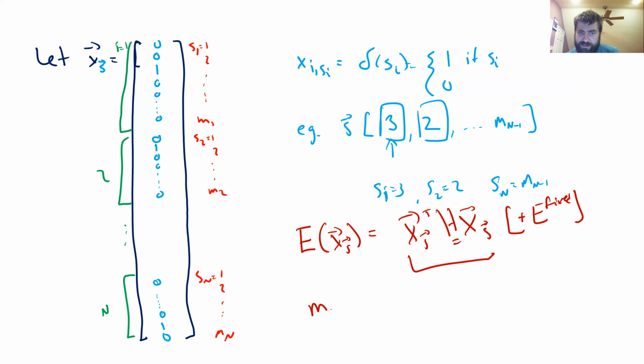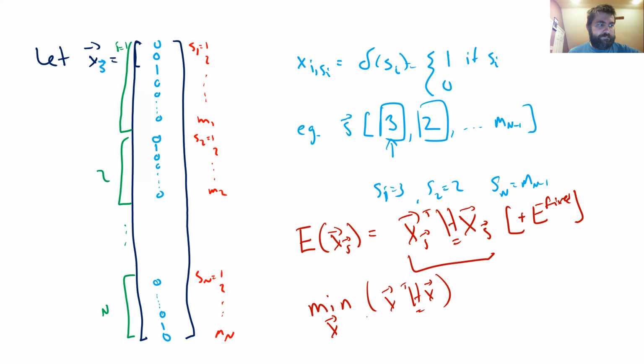And what we want to do is minimize over this set of possible x's of x H x to find our best possible set of rotamers.